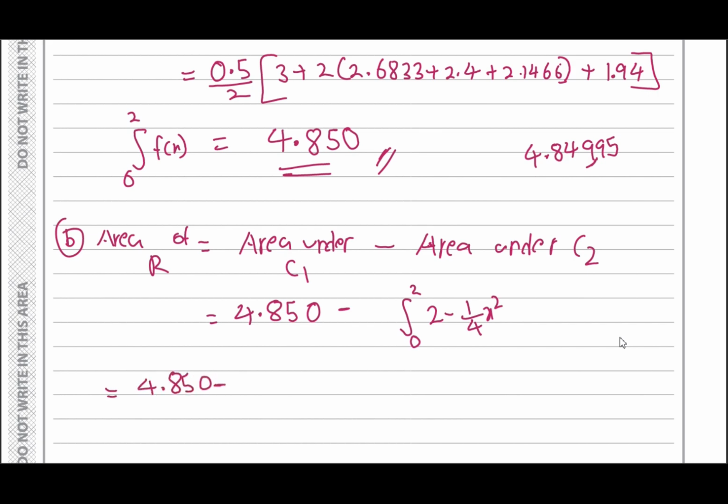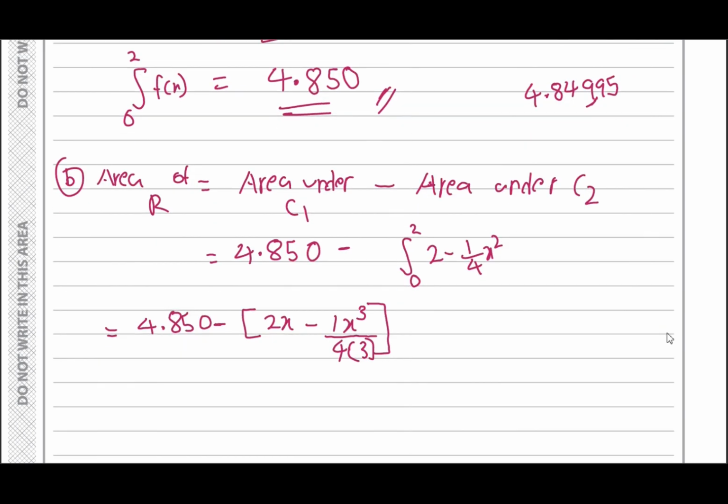So here I have 4.850 minus, and now I have to first integrate this. When integrating, 2 becomes 2x, and minus 1 over 4 x squared becomes minus 1 times x cubed, since we add 1 to the power and divide by the new power. x squared becomes x cubed over 3, so I divide by 4 times 3. This is with the limits 2 and 0.